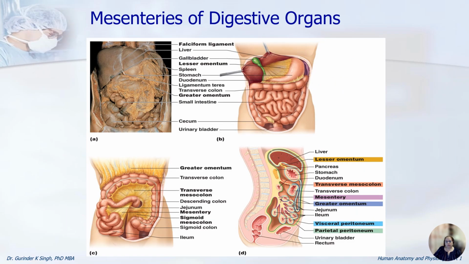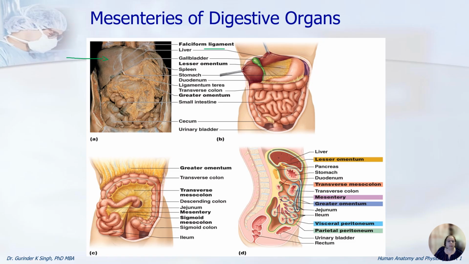Okay, so let's go over this picture, and this may actually help you to understand and visualize it in your mind. So this is a cadaver picture. What you see on this side is the right side. Here the largest organ is the liver. There are different lobes of the liver, and we'll talk about that, and they're held by this connective tissue membrane which is known as the falciform ligament.